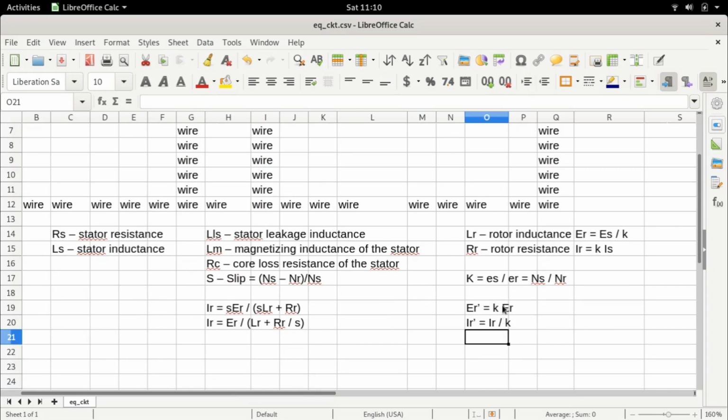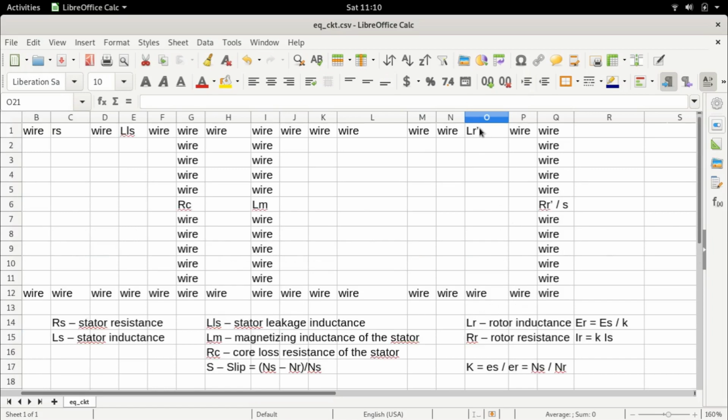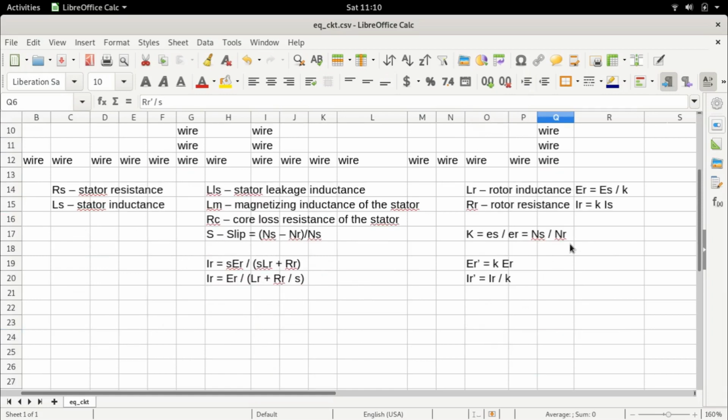the turns ratio. So now the question arises, what do we do about the impedance? Because remember, we have this inductance and resistance that we need to deal with.